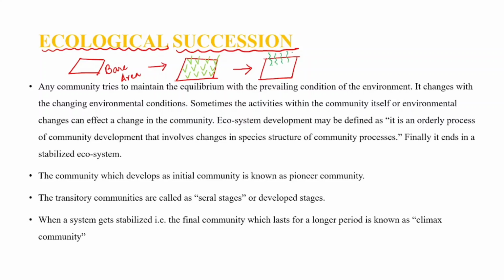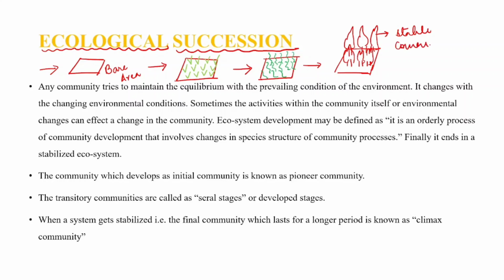After a few years, these plants are also replaced by another type of plant. And this time, say, very mature trees have grown in this area, right? So here you see the entire change from the barren area to the development of a stable community. We can call this a stable community.